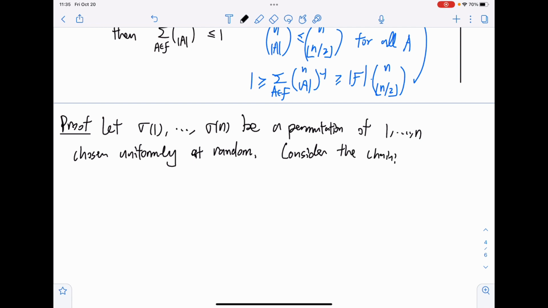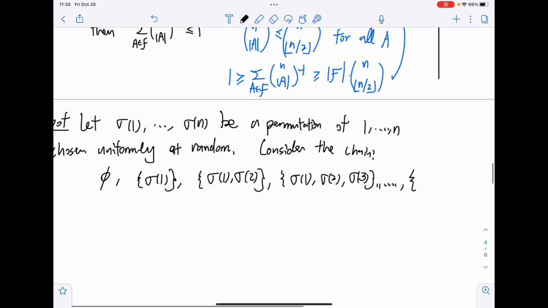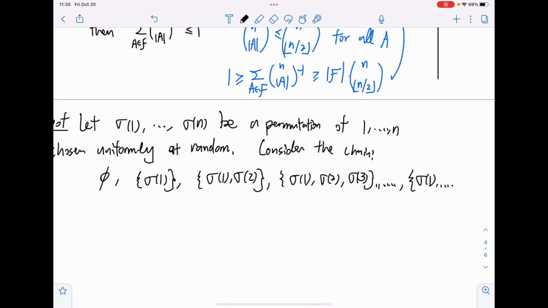What is the chain? The first element is the empty set, and the second one is the set of sigma 1, and the third one contains sigma 1 and sigma 2, and the next is similar, sigma 1, sigma 2, sigma 3, and later until finally we have sigma 1 to sigma n.